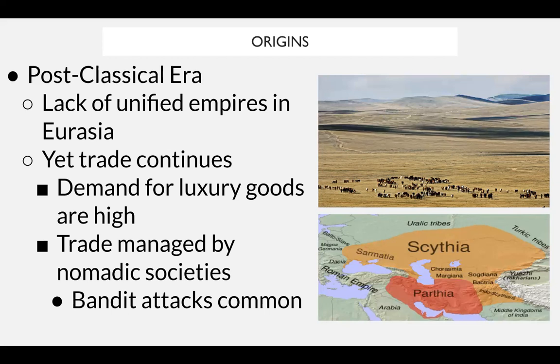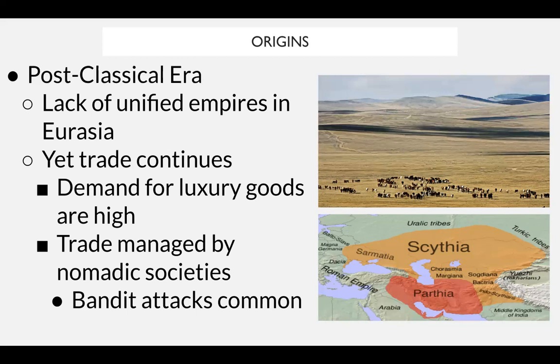Some Central Asian nomads will conduct trade, and others will just take what they want. So before 1200 CE, the Silk Road is a pretty dangerous place to go. It's like the Oregon Trail, but instead of getting dysentery, you get attacked by Central Asian nomads, or you get the bubonic plague. That's a little joke from me to you.